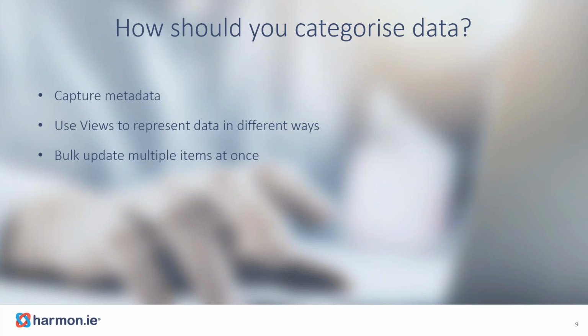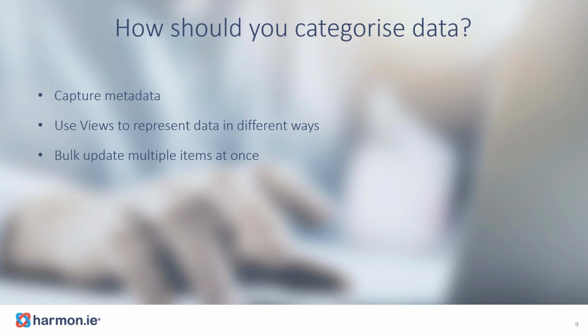Now there's also, even within libraries, folders, sites and document sets, different ways to categorize the data. And I think that's where end users can really struggle: how do I actually capture information, how do I present it to users, and where do I see the value in it? So one of the key things here is being able to automatically capture some information and prompt users for other information as well.